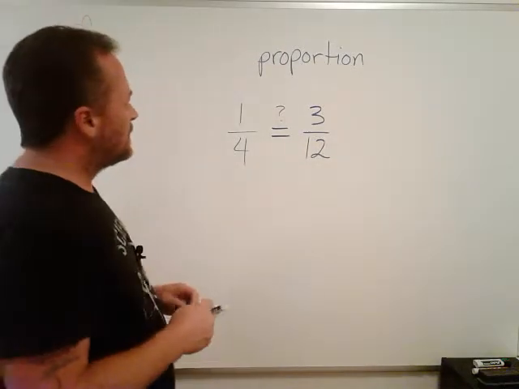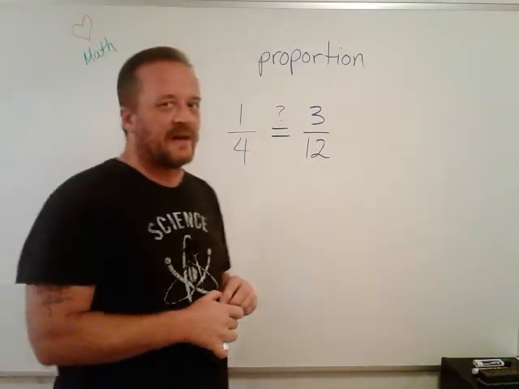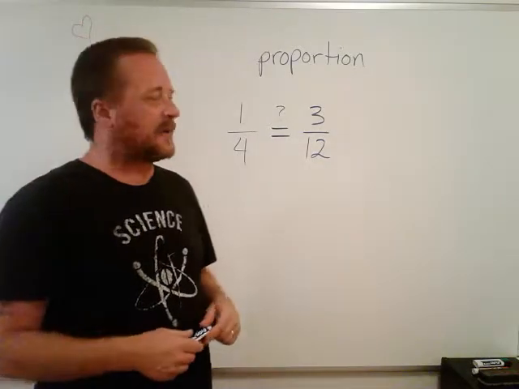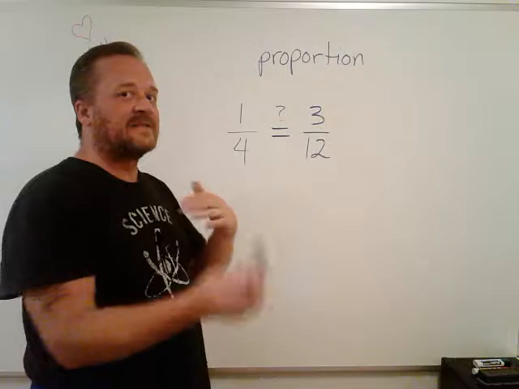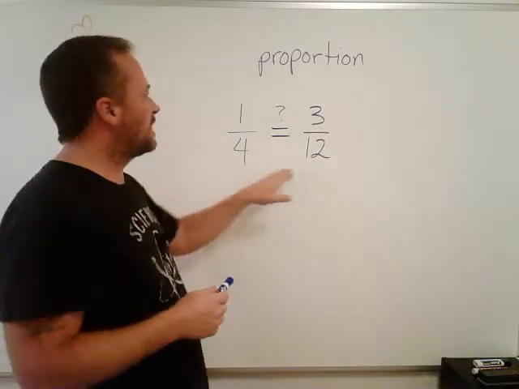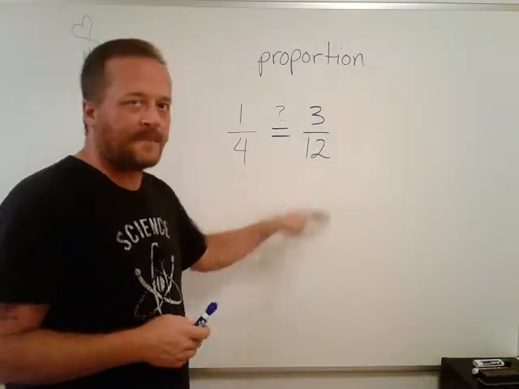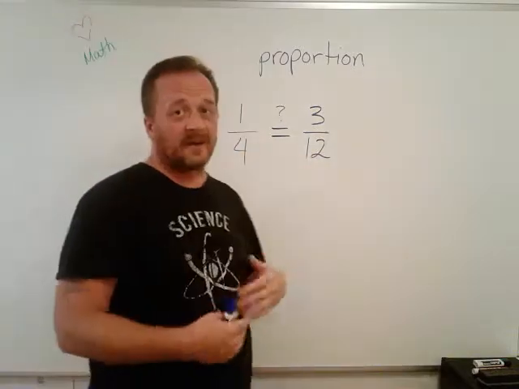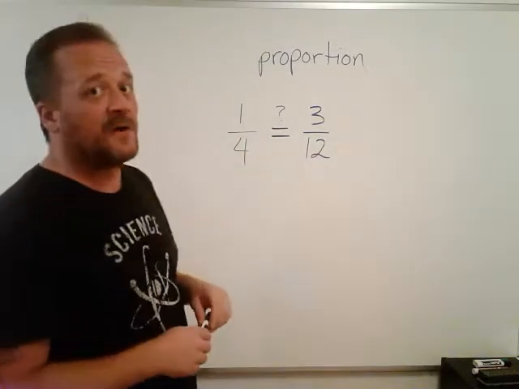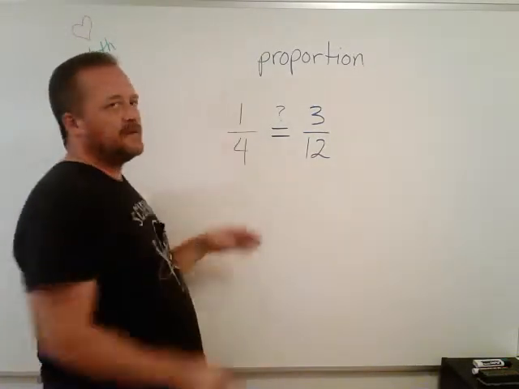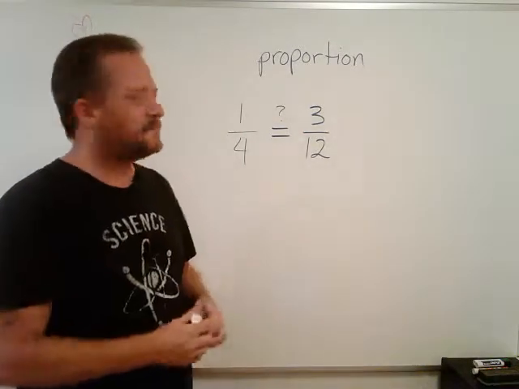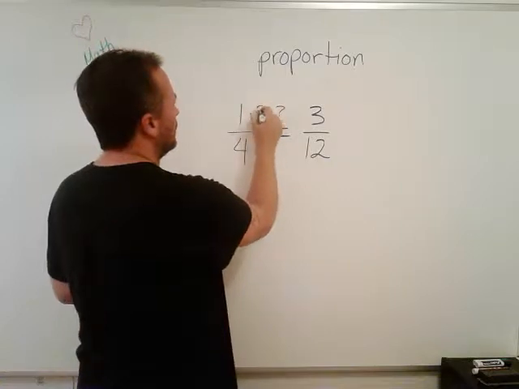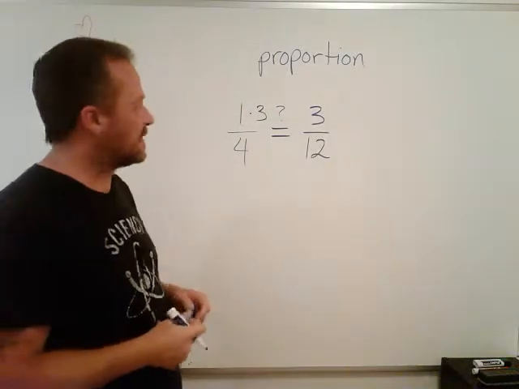Okay? The first thing we can do is ask ourselves, is the same thing happening to this number to get this number as what's happening to this number to get that number? All right? Now we're going from 1 to 3. That means we're getting bigger. So we're not dividing, we're definitely multiplying. What do you multiply by 1 to get 3? 1 times 3 is 3. Okay? So that's multiplication by 3 happening there.